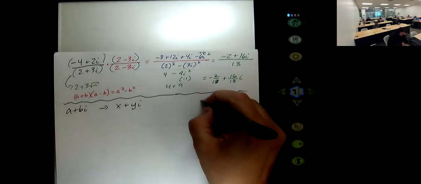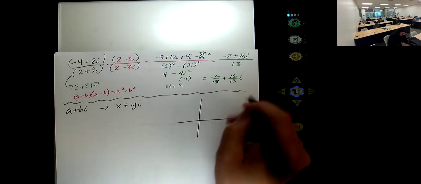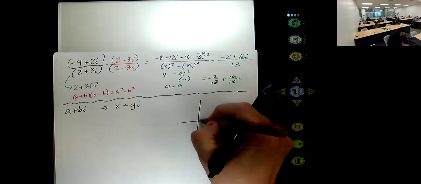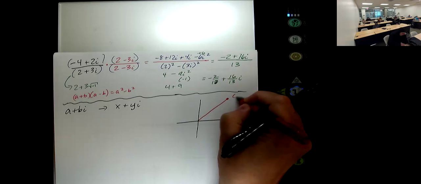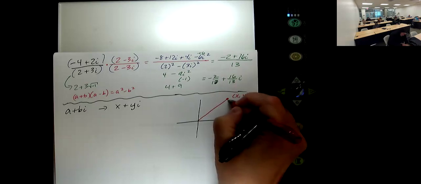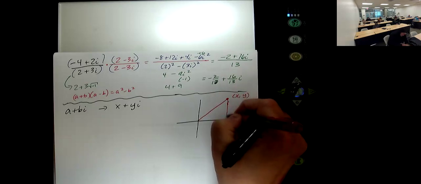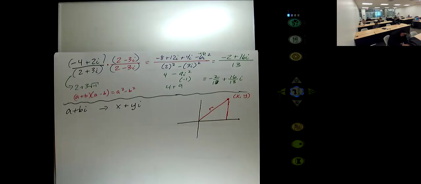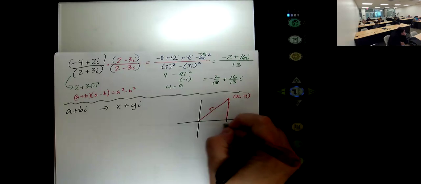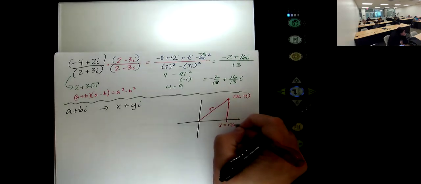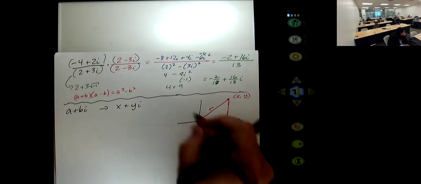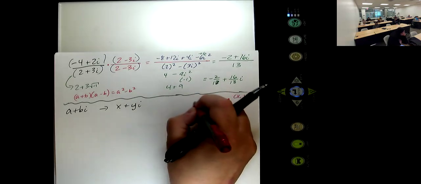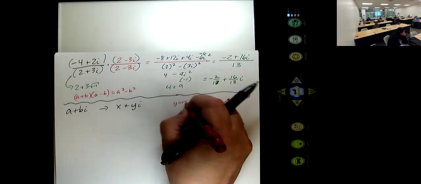Now, when we were looking at a triangle, we treated this as a unit circle, this is R. And the x value ended up being R cosine theta. The y value ended up being R sine theta.